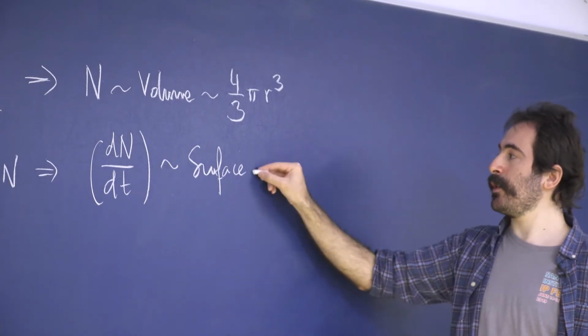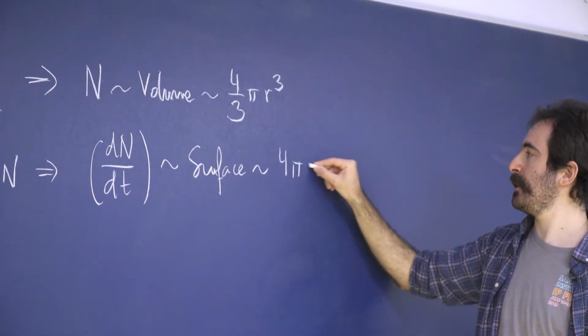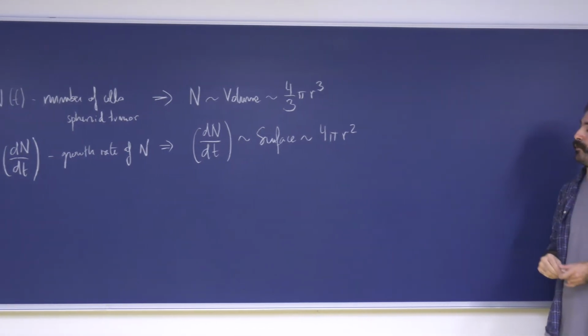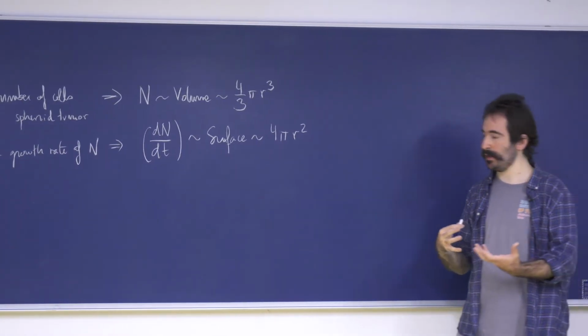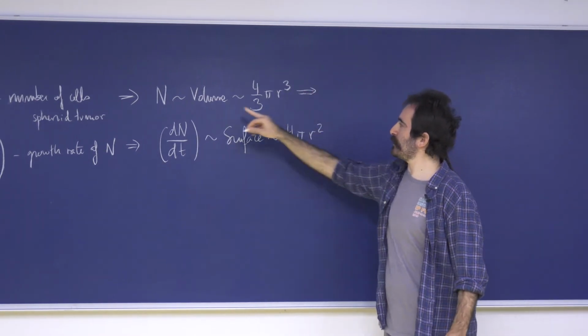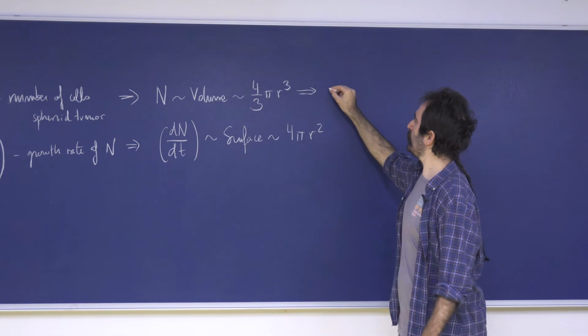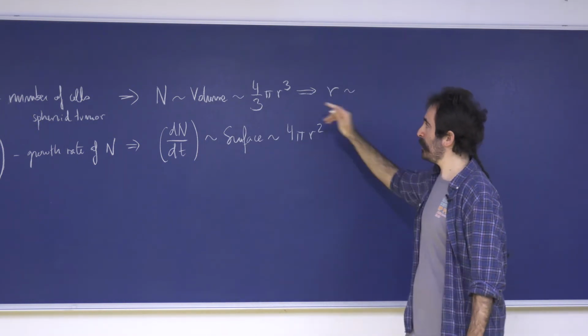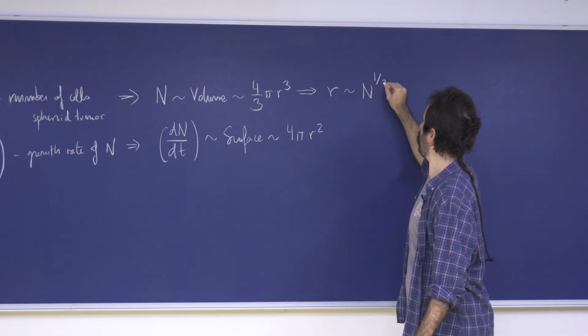Again, the surface is going to be basically scaling with a power of 2 of the radius. There are actually many ways that we can do this, but very simply we can see that out of this first relation, we know that the radius of this spheroid tumor is going to scale as N to the 1/3.